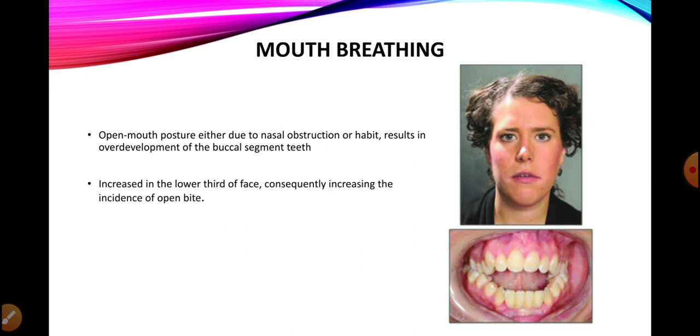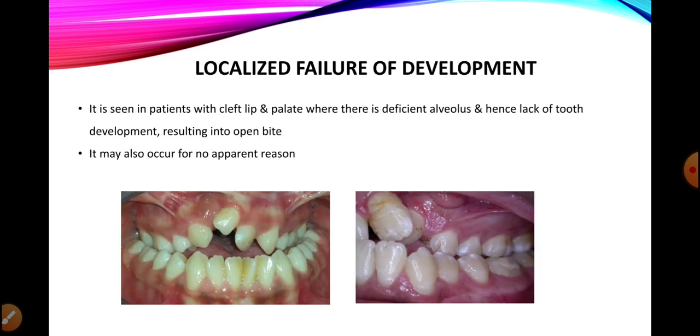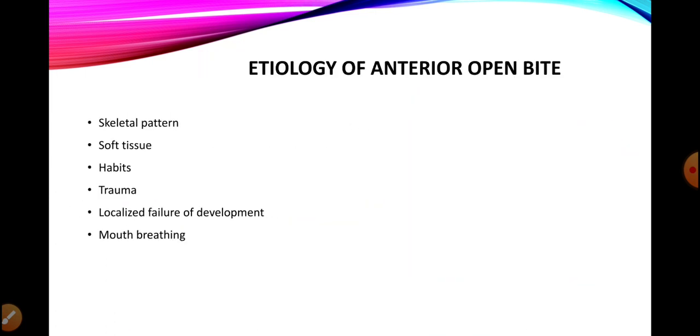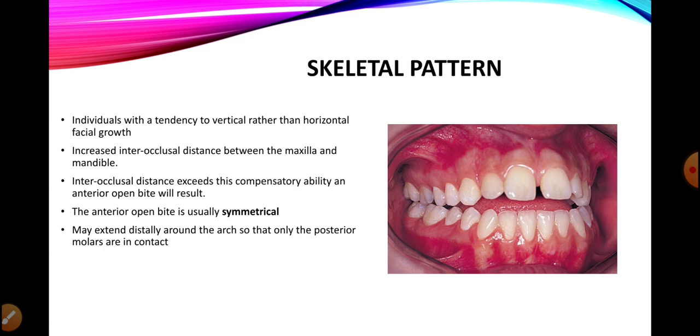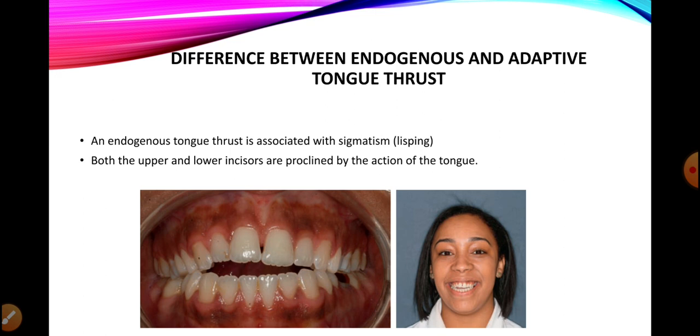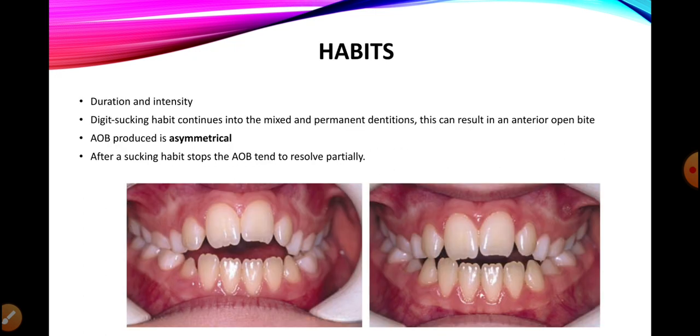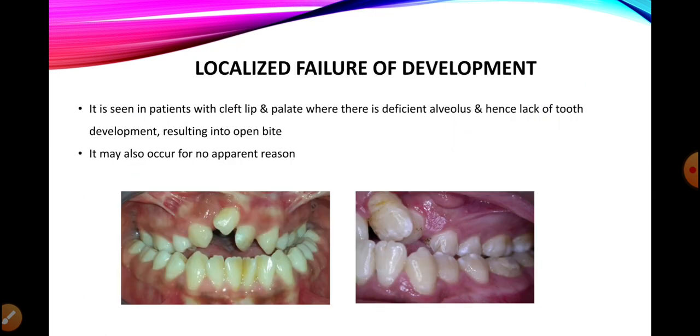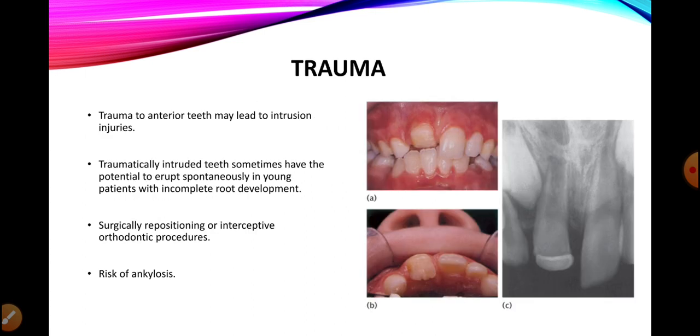So mouth breathing may also be contributing to anterior open bite. So till now we have discussed the etiological causes: the skeletal pattern, the soft tissues, adaptive pictures, endogenous pictures, habits, localized failure of development, and mouth breathing.